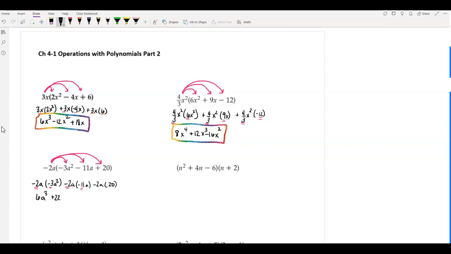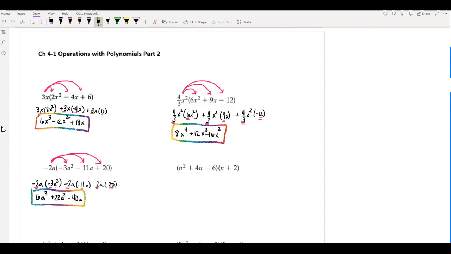Same base as a times a, so 1 here and 1 here, so 1 plus 1 is 2. Negative 2 times 20 is negative 40, and then we have our a. And there we have our answer.